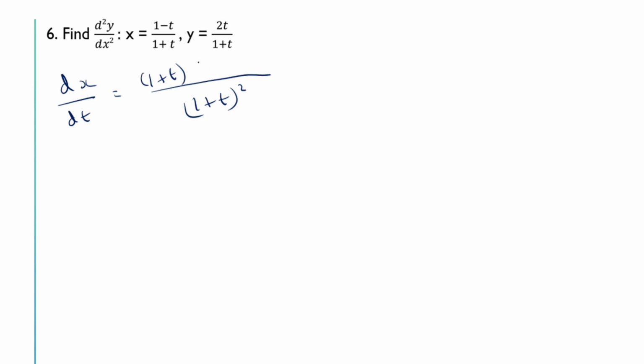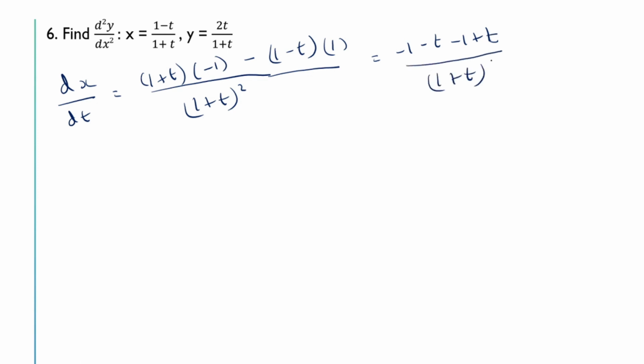Keep the denominator and differentiate the numerator minus numerator into derivative of the denominator. So this is equal to minus 1 minus t minus 1 plus t, divided by 1 plus t the whole square. So it is equal to minus 2 by 1 plus t the whole square.